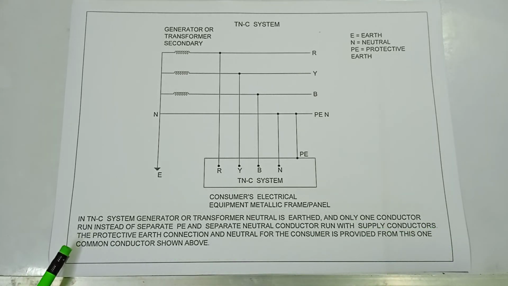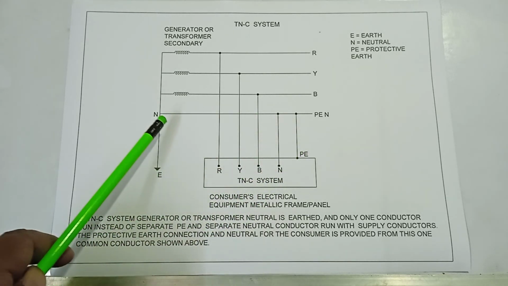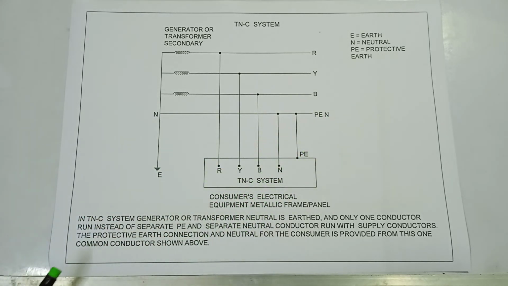The protective earth connection and neutral for the consumer is provided from the one common conductor shown above. This is one common conductor. This is the TNC system. Okay, next.